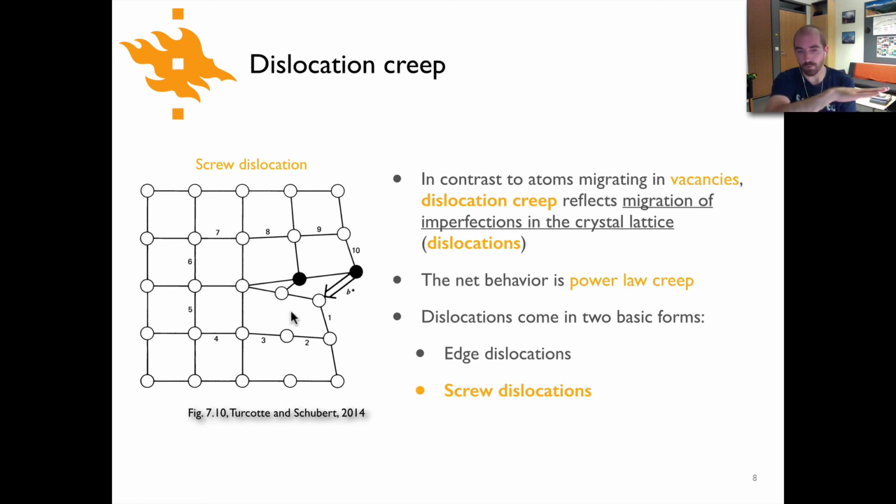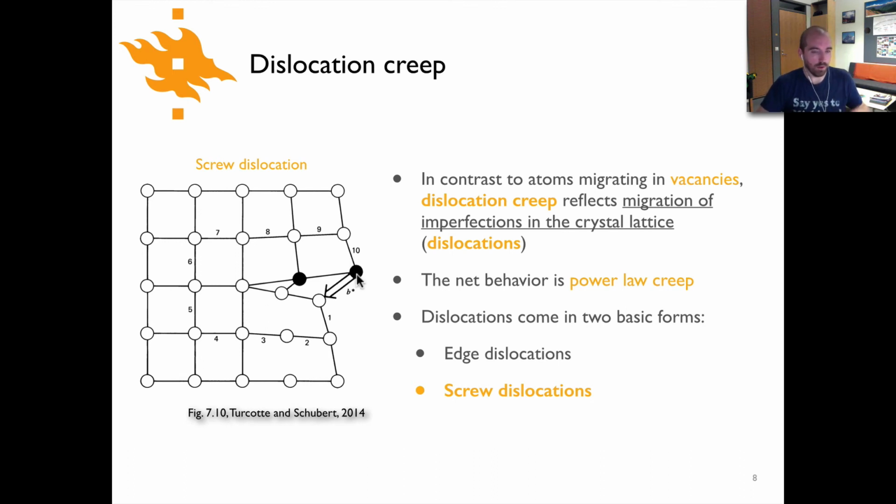So if we're looking down, for instance, on the top plane of the crystal, there would be some atoms that are basically sticking up above that plane, such that if you start at position 1, at this atom here, and go 1 down, 3 over, 2 up, 3 over, and try to go 1 down again, instead of coming back to the atom you started from, again, you end up in a different position.